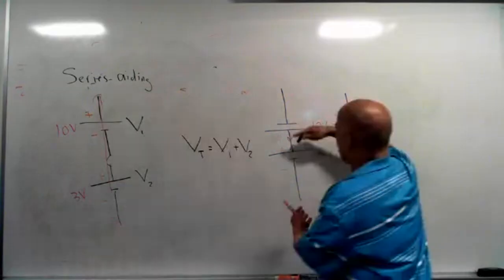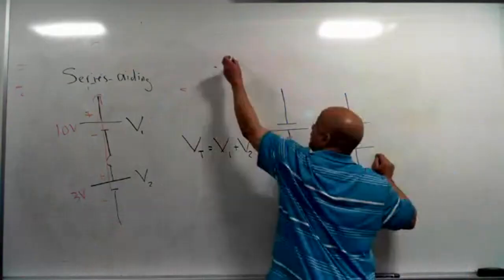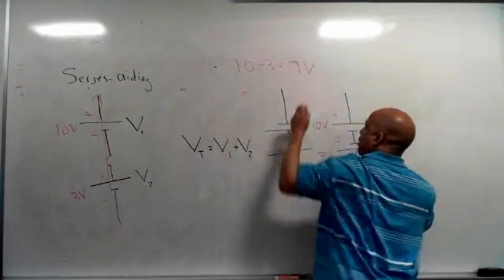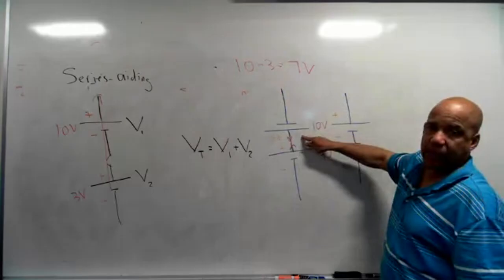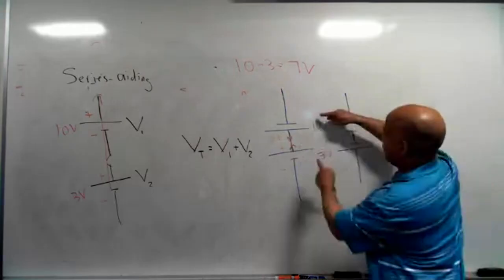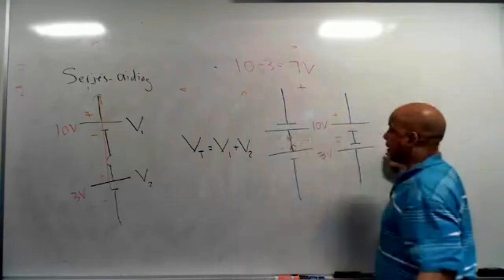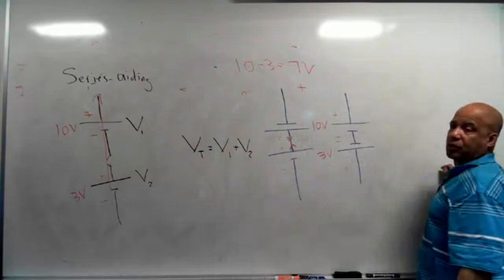But over here, these are actually working against each other. So here I would have 10 minus 3 volts, which is 7. And I have the polarity of the 7 the same as the bigger polarity. So since 10 is the bigger polarity, it would be positive on the bottom and negative on the top. And the same here, only the polarity would be reversed.